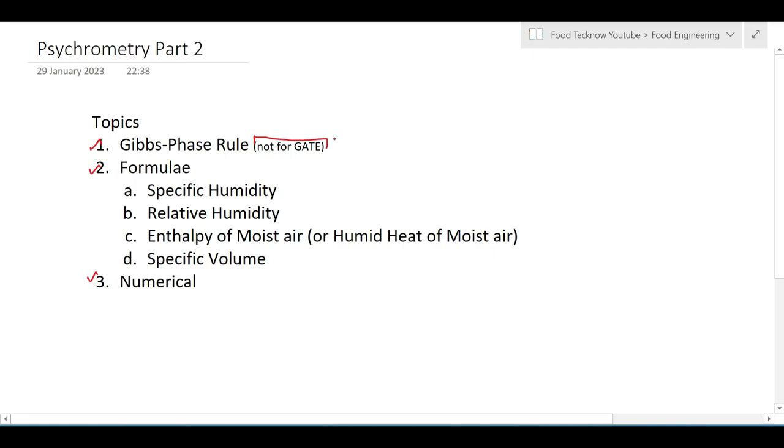This Gibbs phase rule is given with this formula: F equal to C minus P plus 2, where F is the number of variables required to understand any thermodynamic system, C is the components, and P is the number of phases, and 2 is the number.